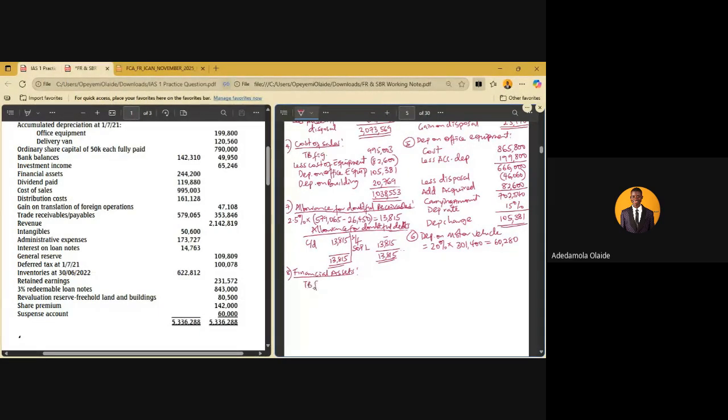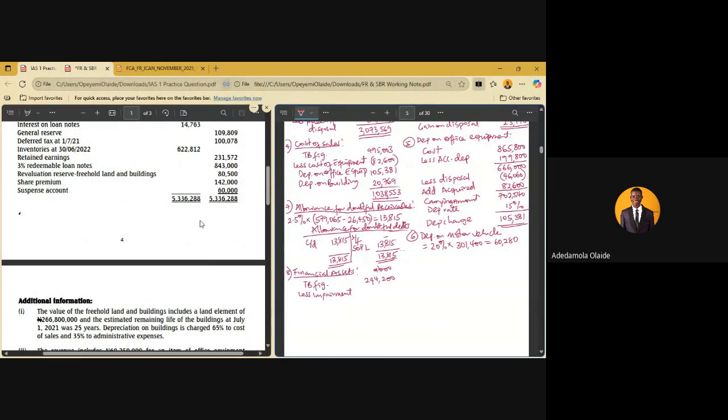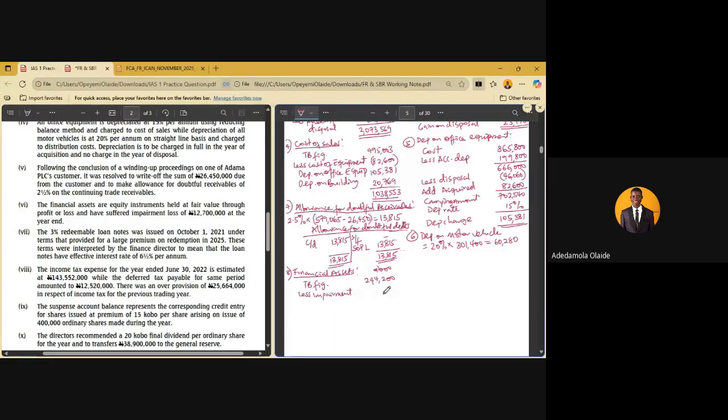So our balance figure is how much? 244,200. Then less impairments. So majorly, if it is assets or liabilities, the figure you are given in the trial balance will most likely be the opening balance, except those they would have worked on during the year, like receivables, payables.